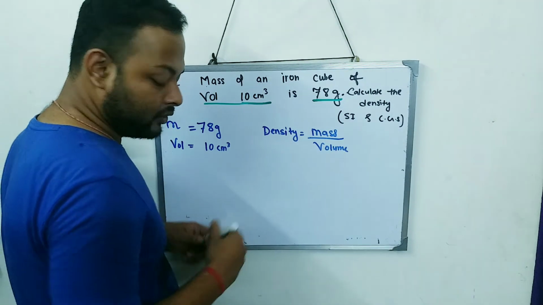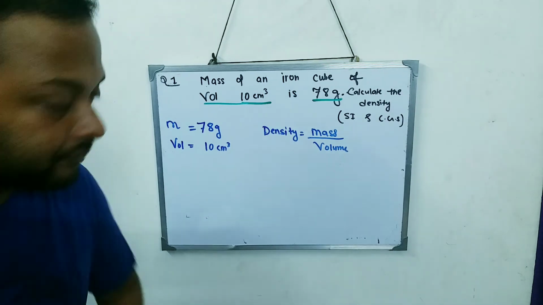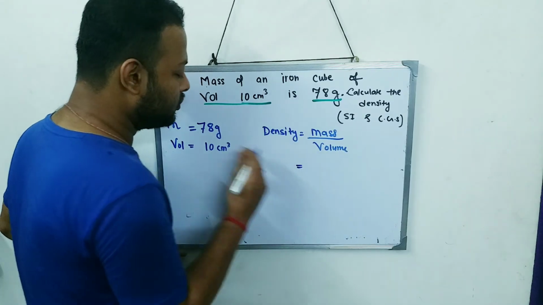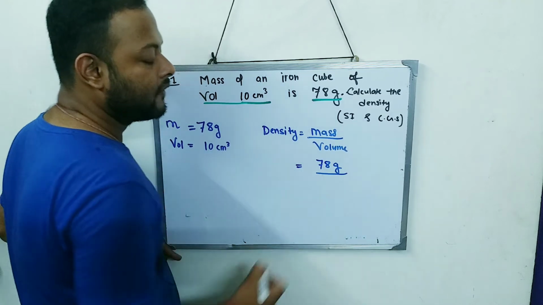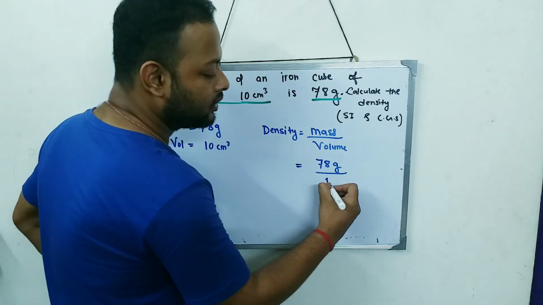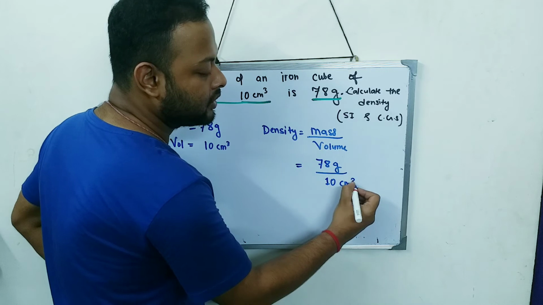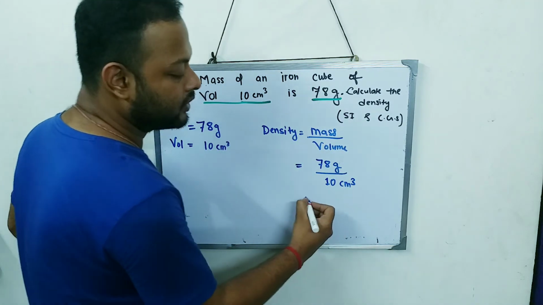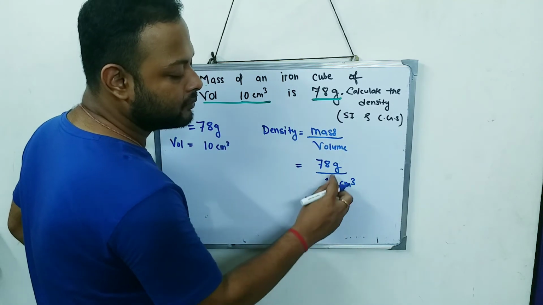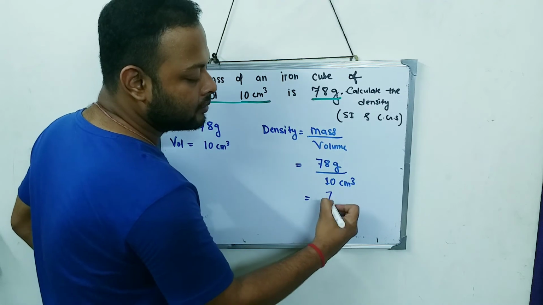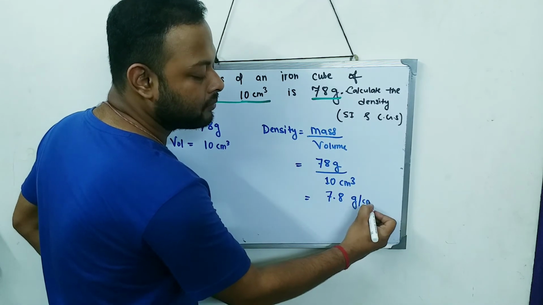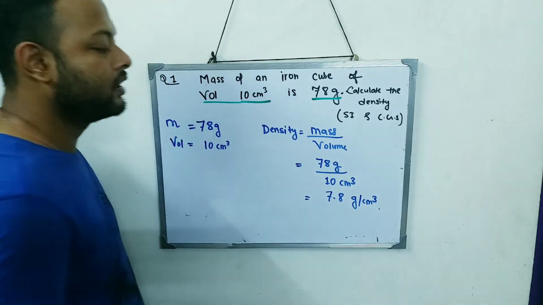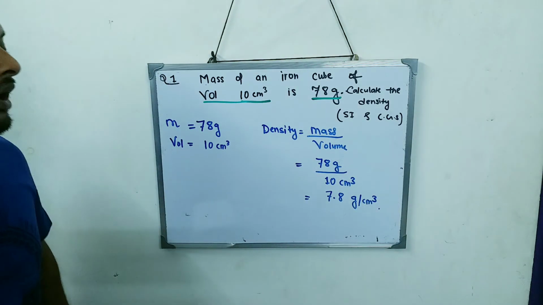So I'll put the values and get the answer. Mass is equal to 78 gram, and volume is equal to 10 centimeter cube. If I solve it, the point shifts one place and it becomes 7.8 gram per centimeter cube.